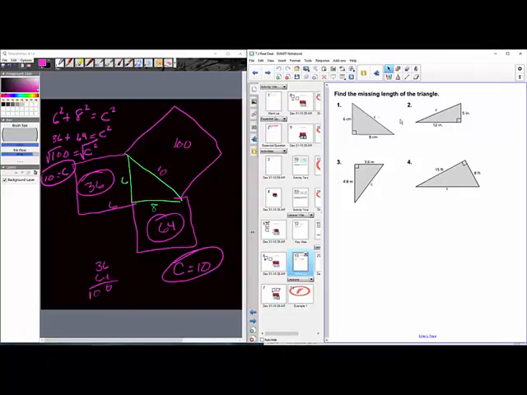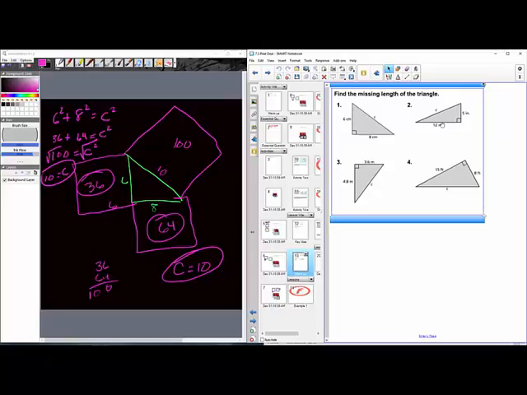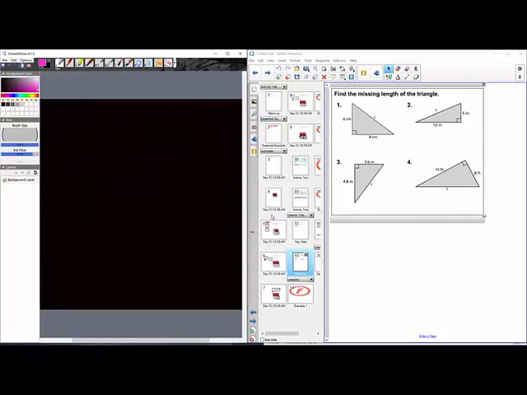All right, so when you pause the video, you should be able to see what these are equal to. This one here is going to be 5 times 5. So I'll say 5 times 5 plus 12 times 12 equals c squared. So I have 25 plus 144 equals c squared.